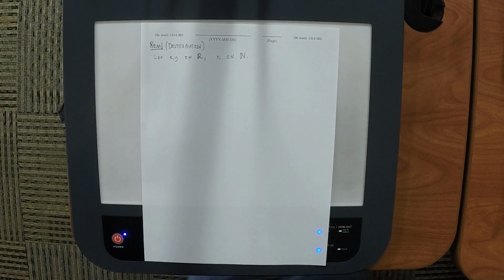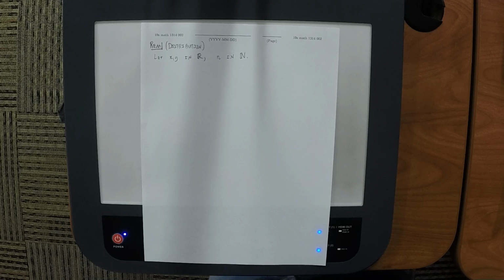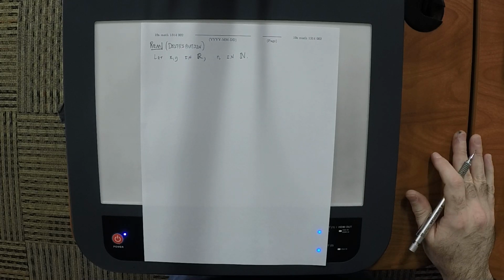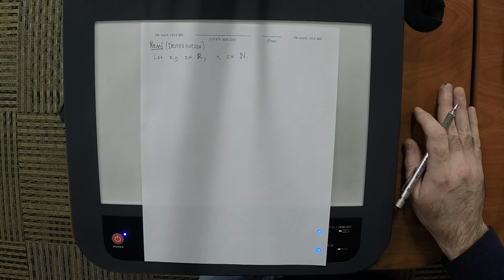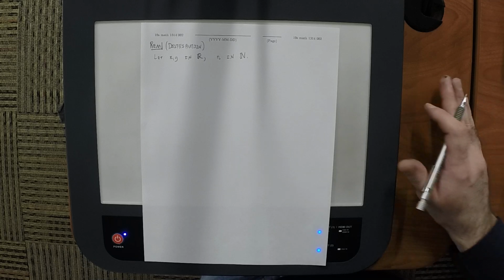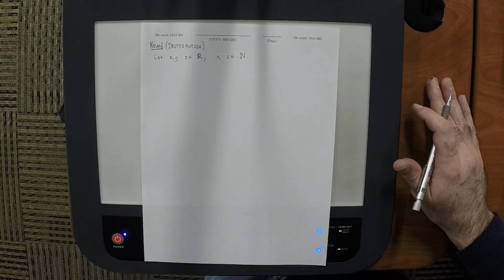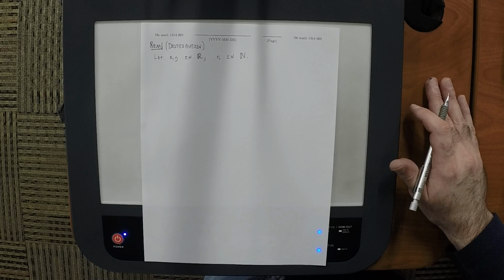So x and y can be any numbers, but n has to be a natural. So what does that mean? Can't be just any number. Non-negative integer. A non-negative integer, right?